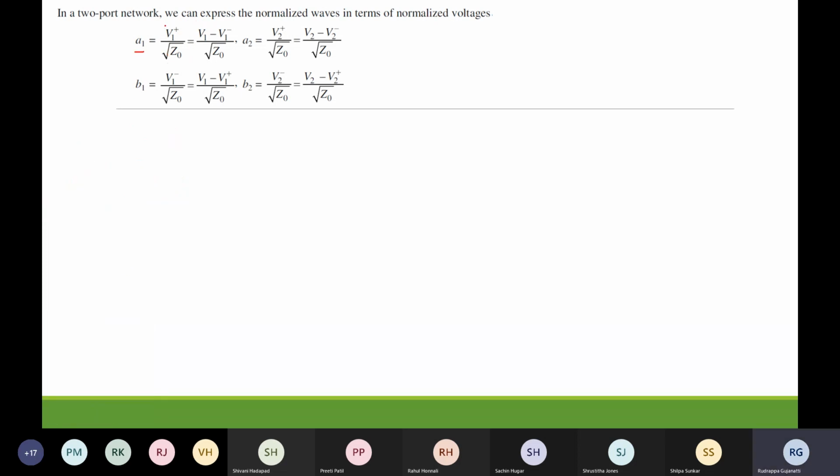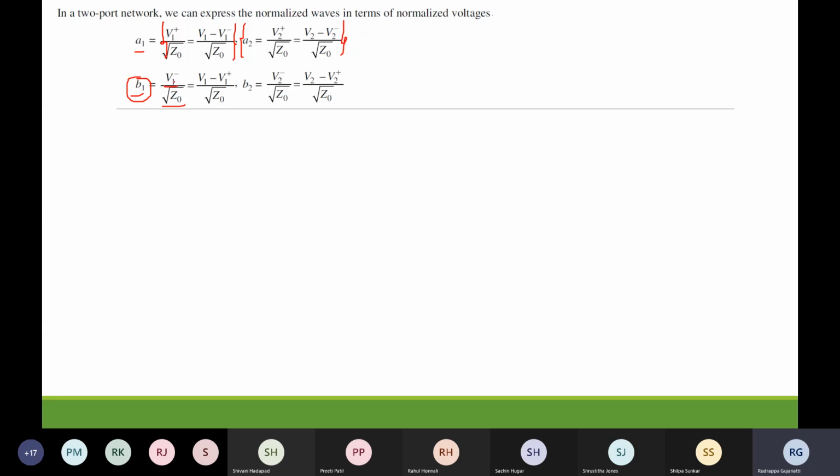So A1 and A2 are given in terms of the incident and reflected voltage parameters. Similarly, B1 is related to the reflected parameter. It is the reflected wave amplitude at port 1, given by V1 minus divided by square root of Z0.